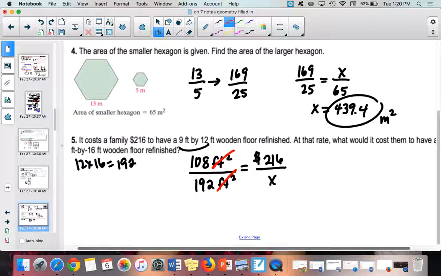So we're going to do the 108 divided by 192. Well, actually, let me cross multiply. 192 times 216, and then divide by 108. What'd you guys get? Yeah, $384, right? Does that make sense? Do you guys get it?